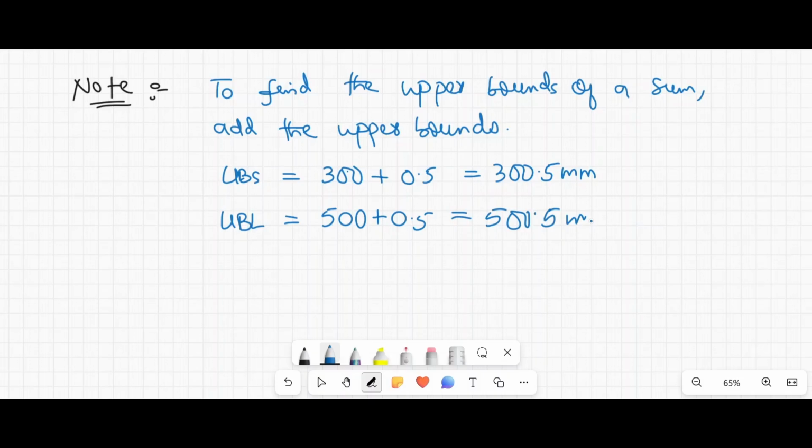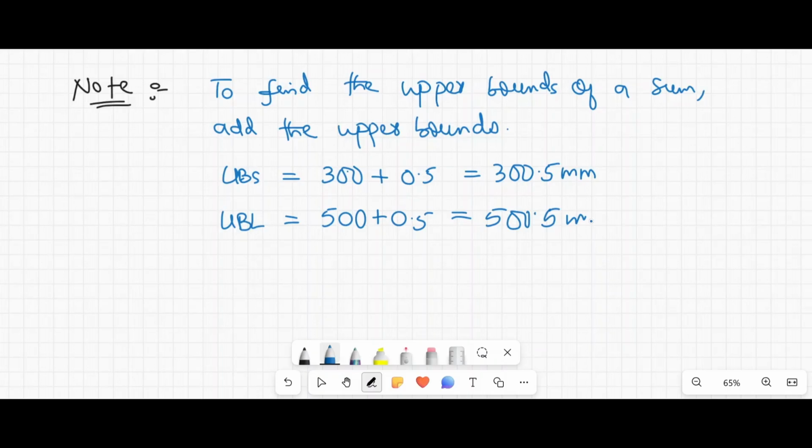So now what is the sum of both? Finding the upper bound of the sum: in this section we are basically doing the sum of measurements.